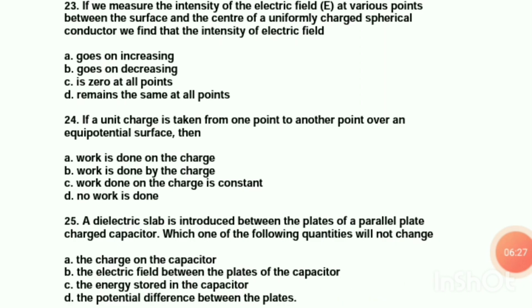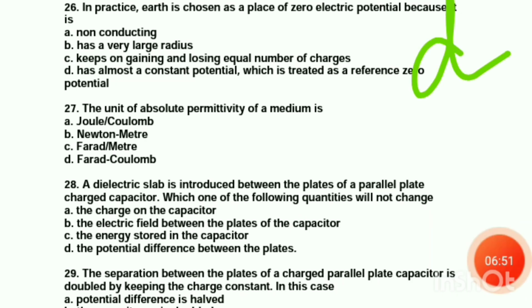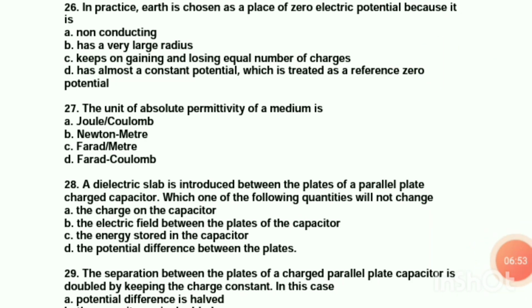A தான். அடுத்து in practice earth is chosen as a place of zero electric potential because it has almost a constant potential which is treated as a reference zero potential. D தான். அடுத்து the unit of absolute permittivity of a medium is farad per meter.